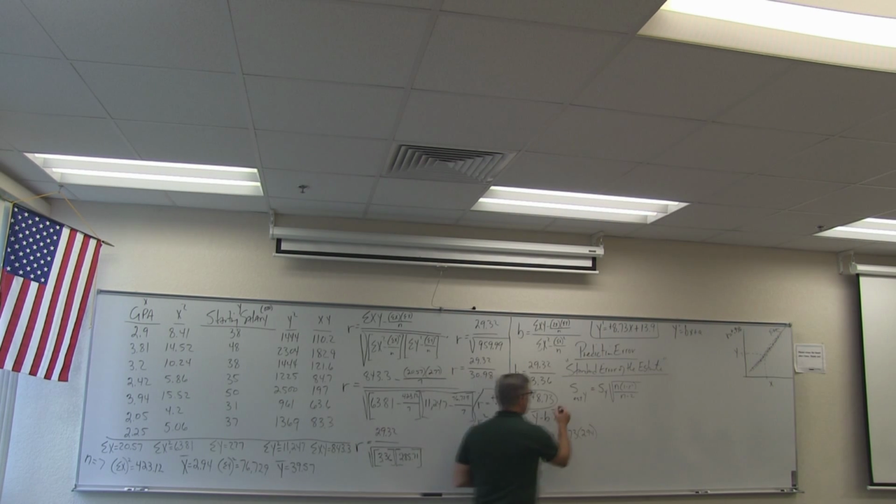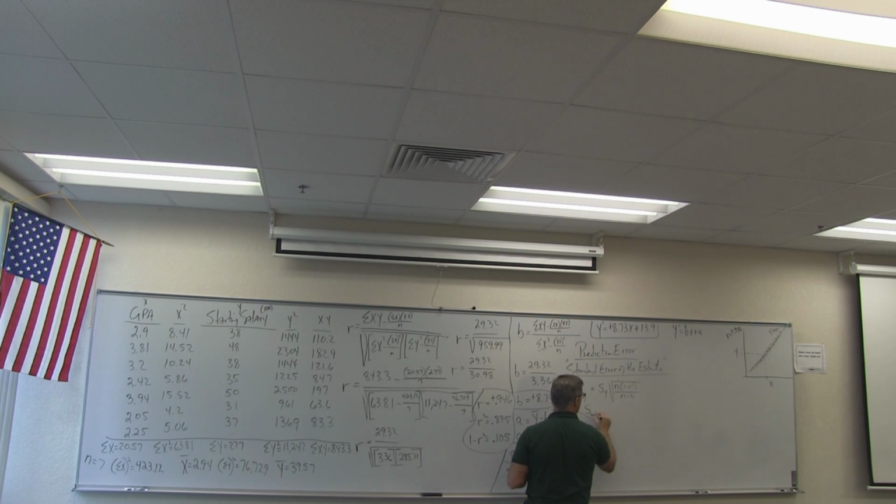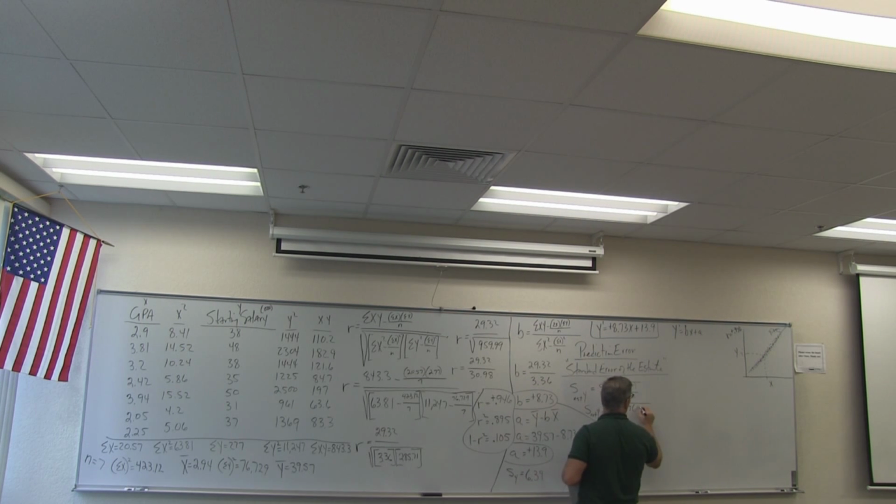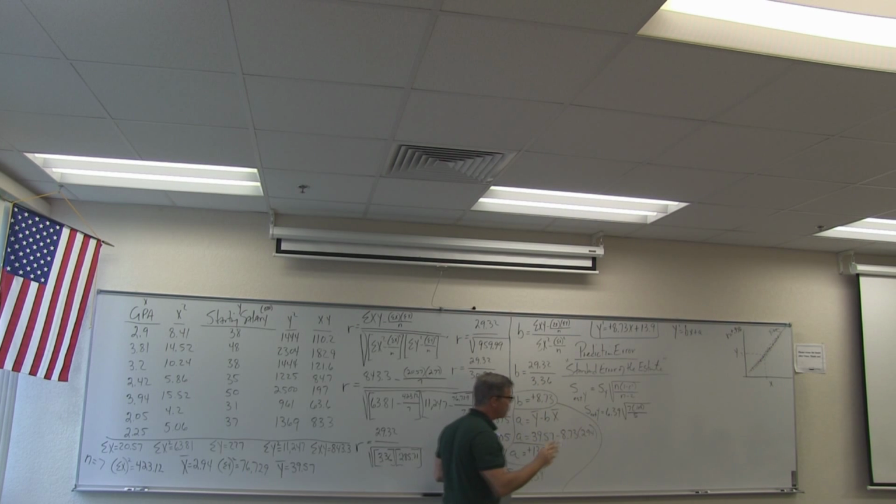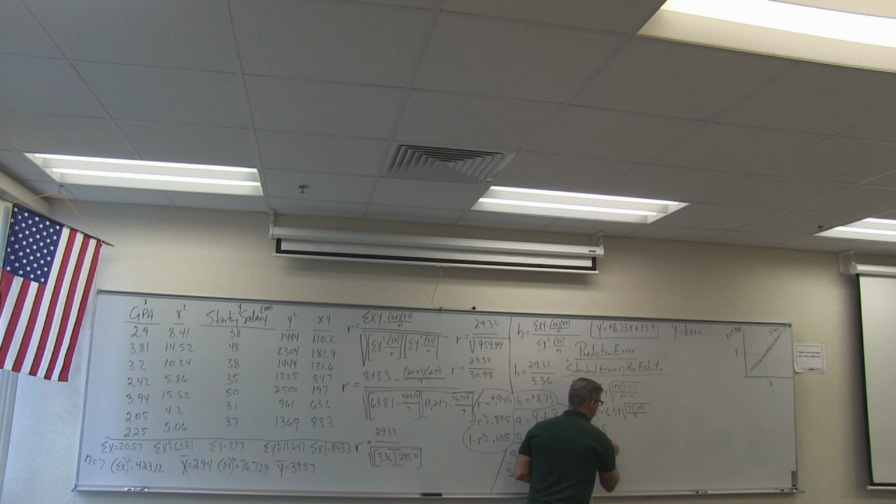We can now compute our standard error of the estimate. It's s sub y, 6.39, times the square root of our n, which in this case is 7, times the coefficient of non-determination, 0.105, over n minus 2. 7 minus 2 is 5. We just bring this thing down.